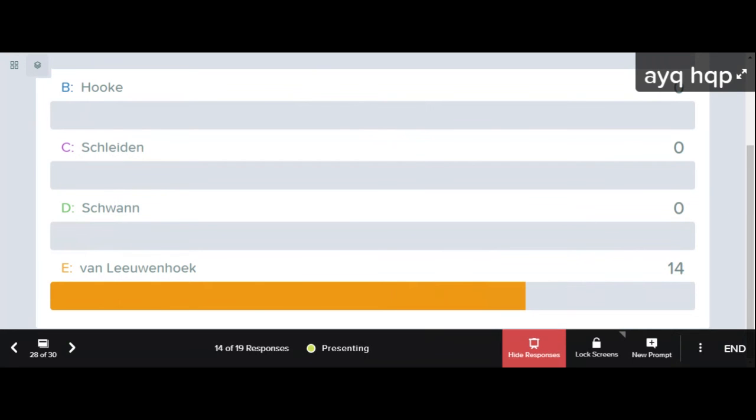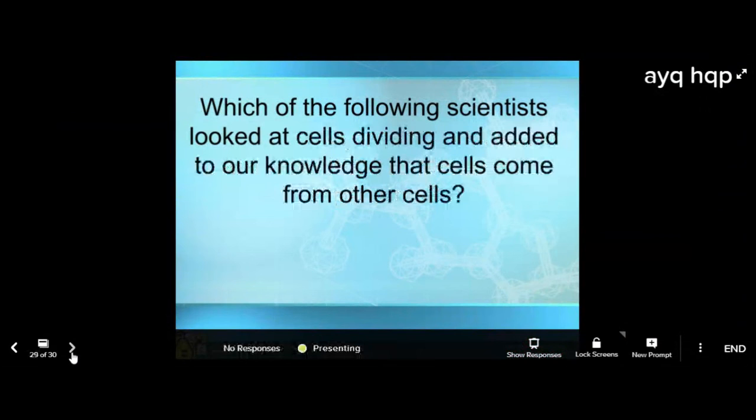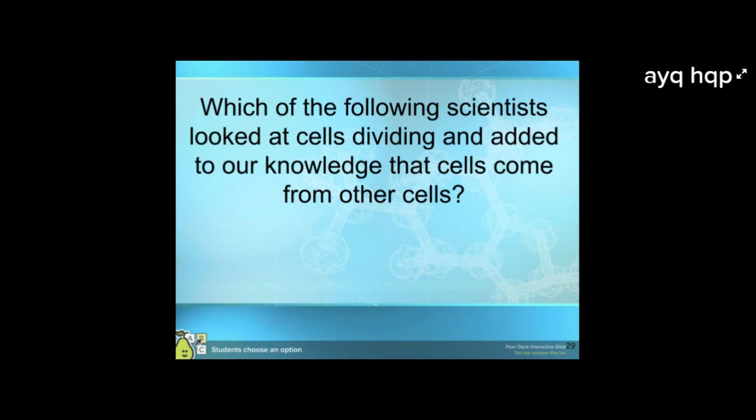And then Virchow. Let's see who he was. You tell us. Which of the following scientists looked at cells dividing and added to our knowledge that cells come from other cells? Who could this be?